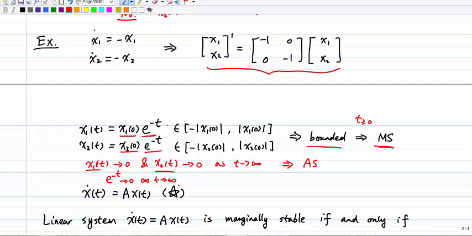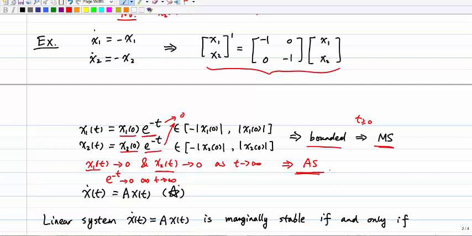So x1 of t and x2 of t go to 0 as t goes to infinity, which means the system is also asymptotically stable.